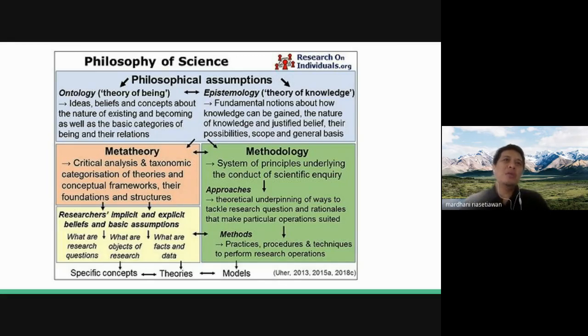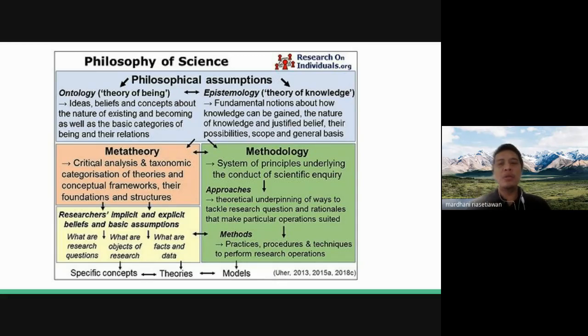And after that, from the merging of ontology and epistemology, we will have a meta theory. You will have the power to do critical analysis. We will always ask questions about a lot of things. Let's say when I discuss this theory, you should have some trigger in your mind about why the lecturer says that.